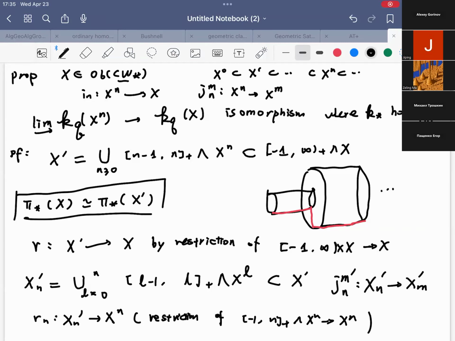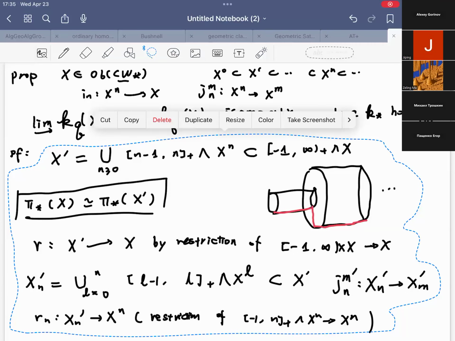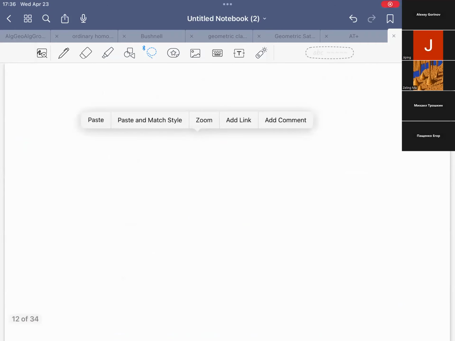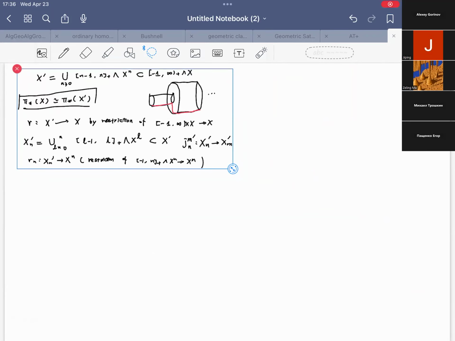Maybe we can copy this part, I can get it small in the next page. Okay, it's more or less clear that the telescope is homotopy equivalent to X.